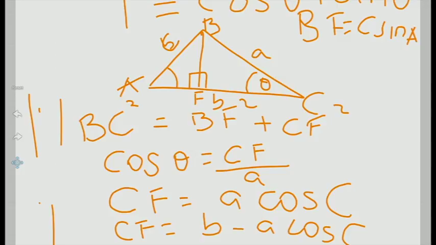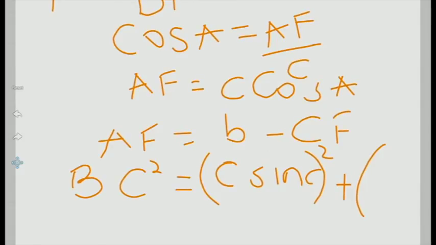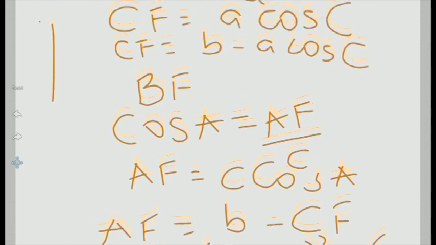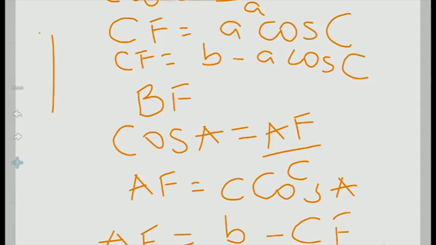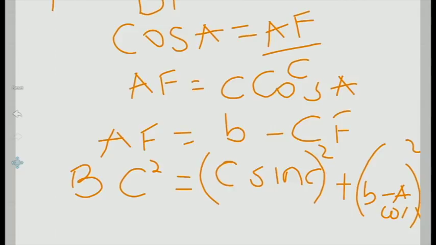Sine C is equal to BF over A. So we have A sine C, plus the other one we found here, B minus A cos C. So we have B minus A cos C squared as well.